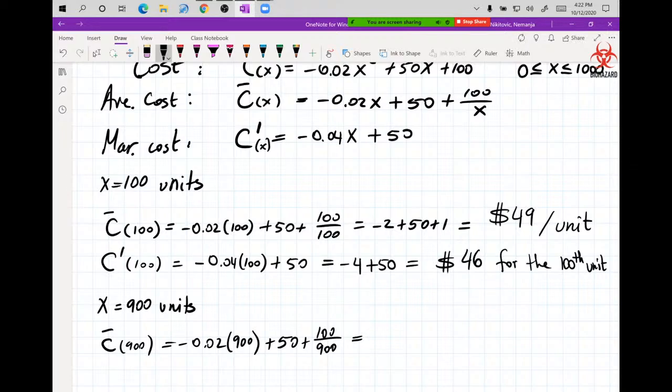This is equal to negative 18 plus 50 plus 11 cents, right? 100 divided by 900, one divided by 9? Yeah, 11 cents, good. So this is going to be $32 and 11 cents per unit.